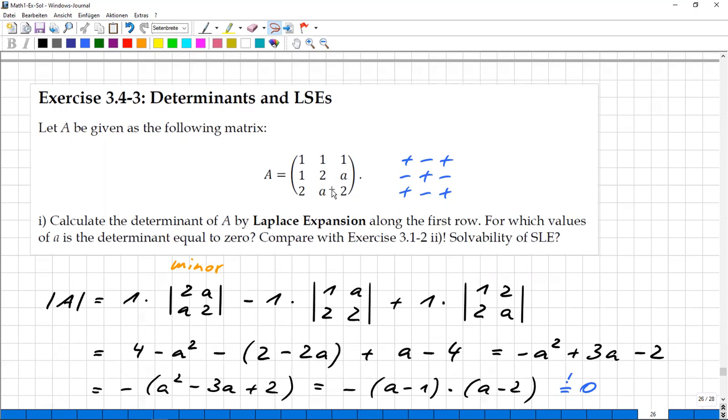So that's a good idea when solving a system of linear equations with a built-in or even 2 built-in parameters. First of all, calculate the determinant, and then you will suddenly find all the special cases.